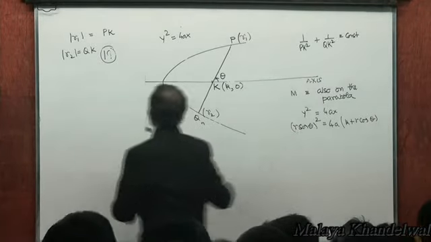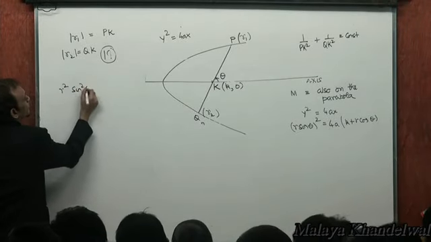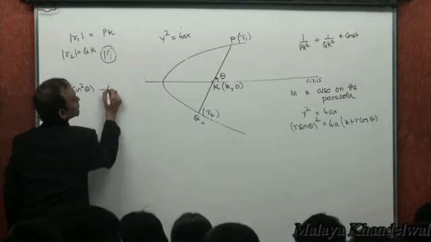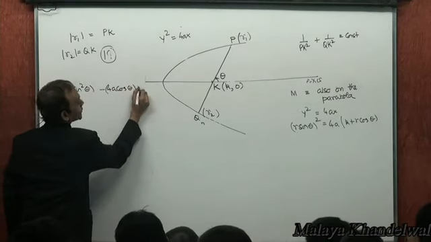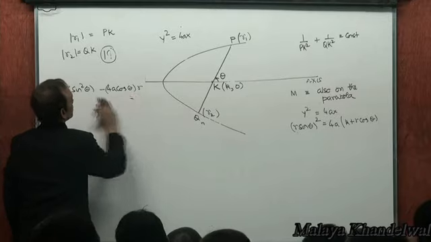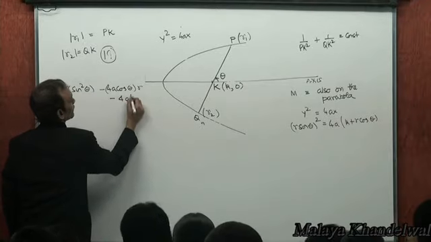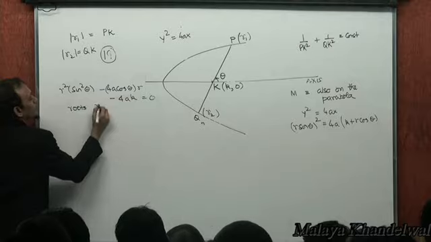So this equation rewritten is r squared sine square theta minus 4a cos theta into r minus 4ak is 0, and it has roots r1 and r2.